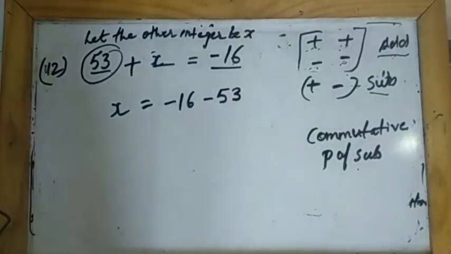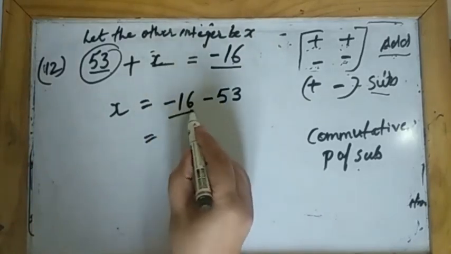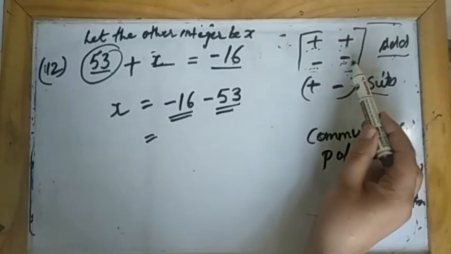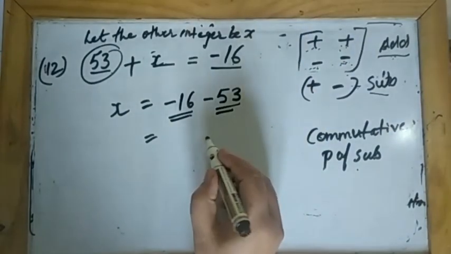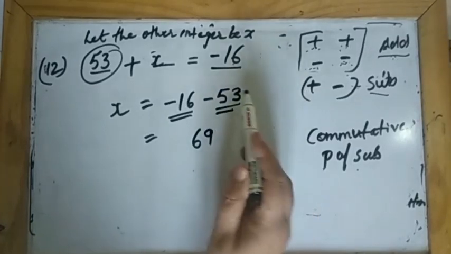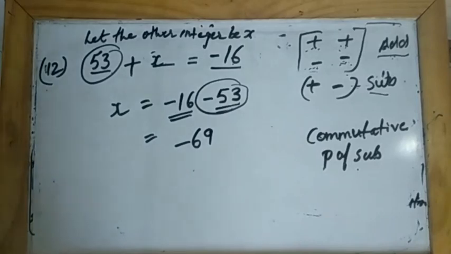So now when I have to find, both the integers are negative, and when you have both the integers negative, you have to add them. You have to add, and the sign is of the bigger integer, which is negative. So my answer will be negative 69.